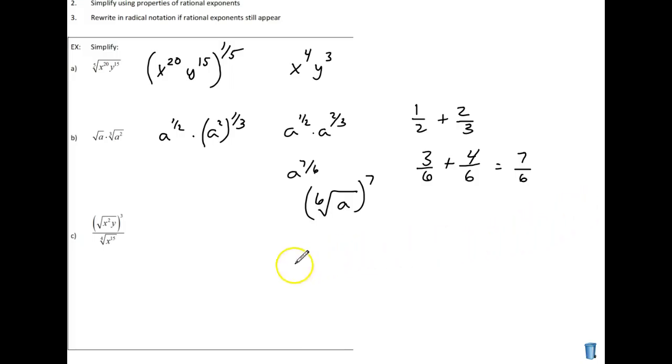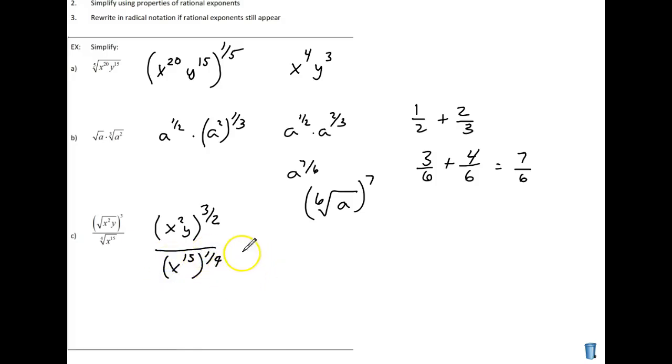Okay, one more, and here we go. So this first one, essentially it looks like I've got x squared and y, and I'm raising that to the 3/2 power. And then in my denominator, I have an x to the 15th raised to the 1/4 power.